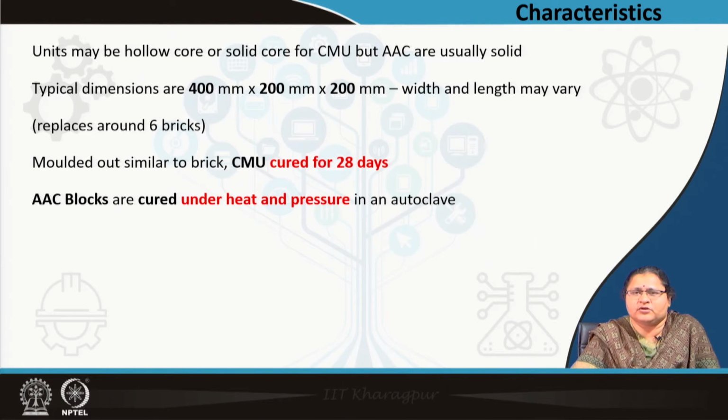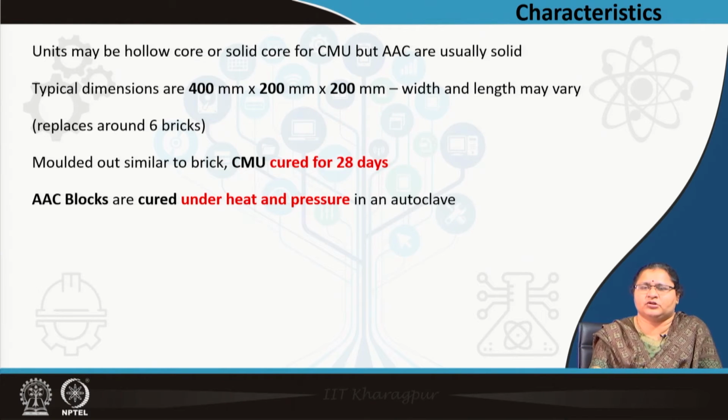So, these autoclaved aerated concrete blocks are cured under heat and pressure in an autoclave. This is the major difference, and we will come to the composition also, where you will find it is quite different from the CMU.